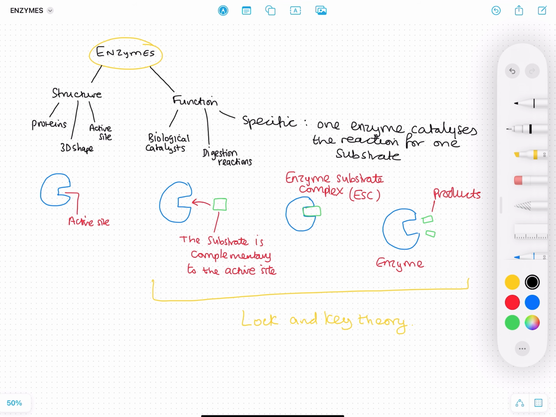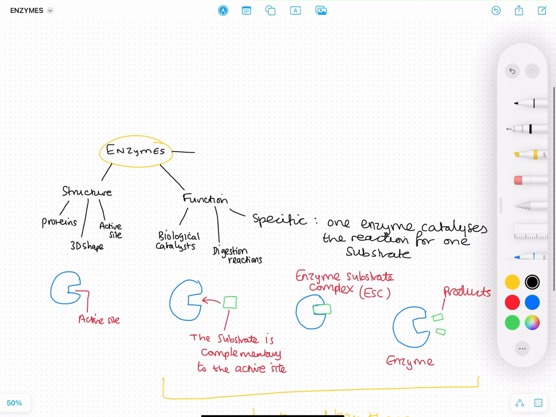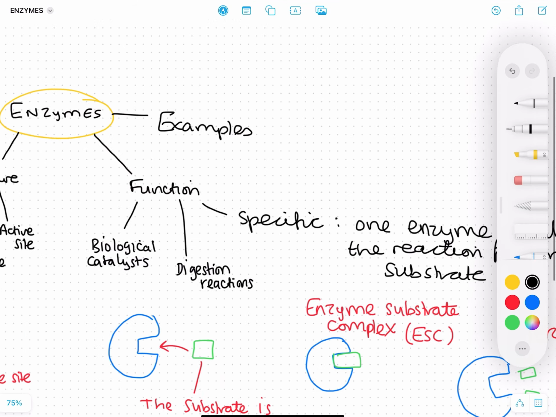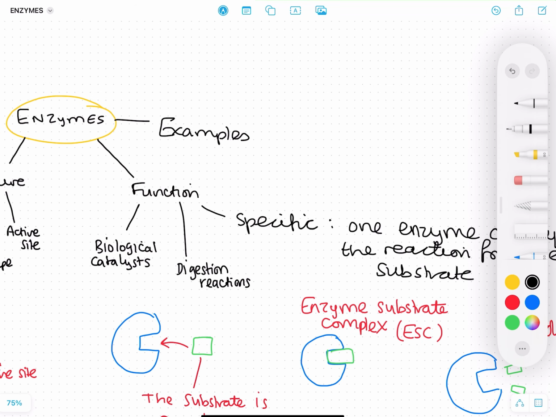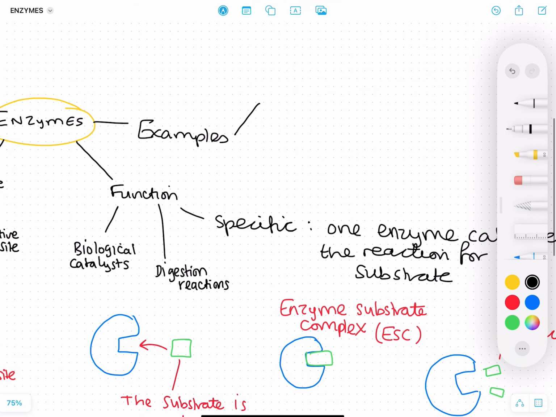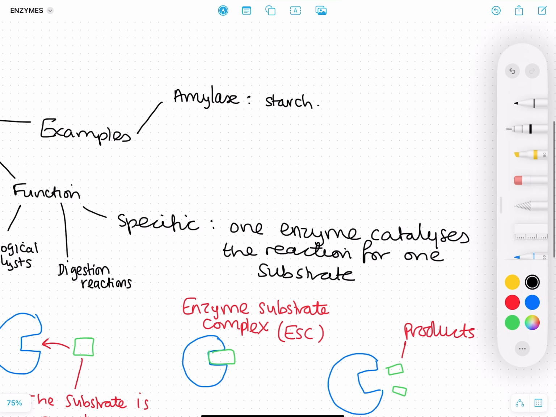Some examples. I already mentioned one enzyme that you may have heard of that's found in your mouth. This is called amylase. Amylase enzyme digests starch, which is a large polysaccharide, into a disaccharide called maltose.